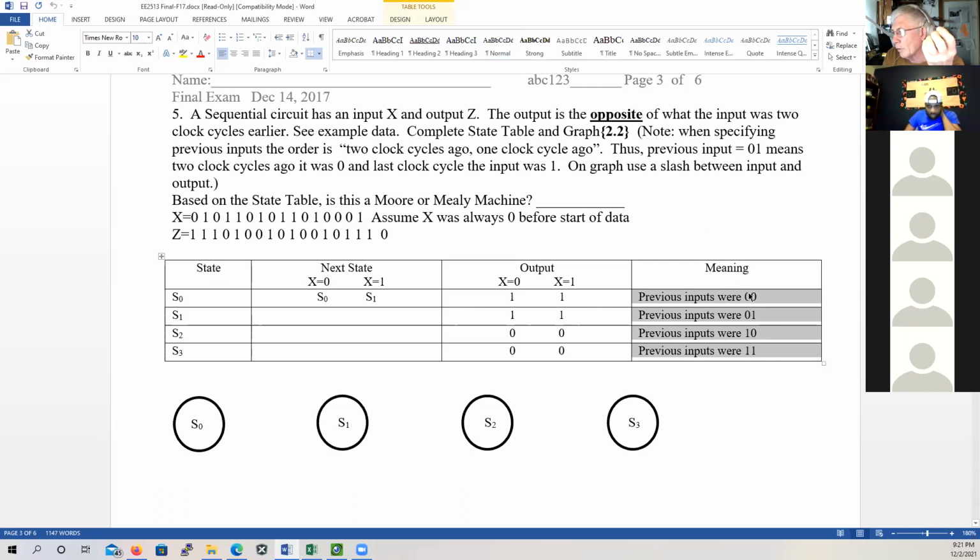And we write it, this would be the oldest 0, this would be the newer 0. And then maybe we get another 0. And when we get that next 0, we output that last 0. Here, it's a little confusing. Here your last output was a 0. So that was 2 clock cycles ago. So when you get the next value, that's what you output. Here, your last value is a 1.